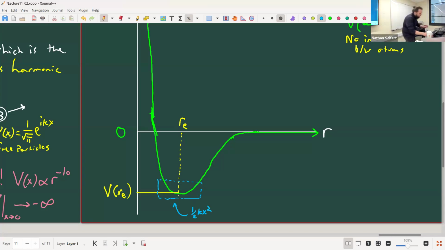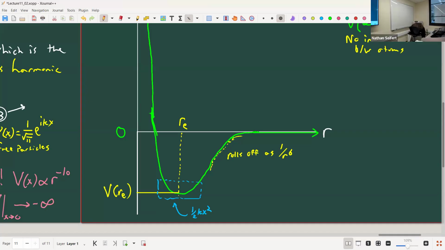In fact, you can show that this part right here, where the inflection point occurs, rolls off as 1 over r to the 6th.